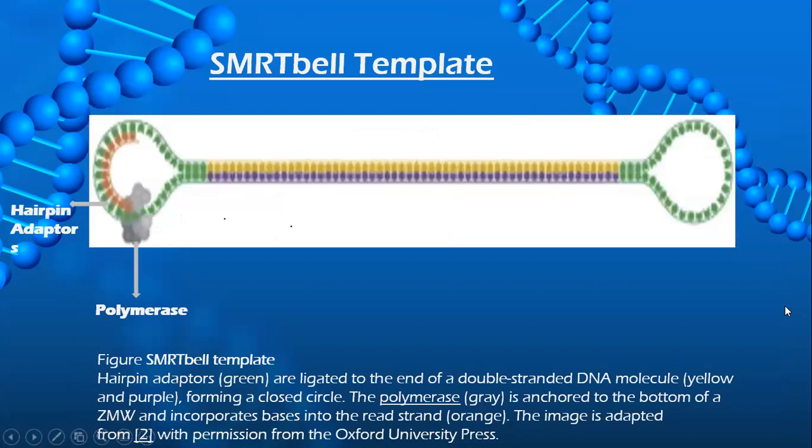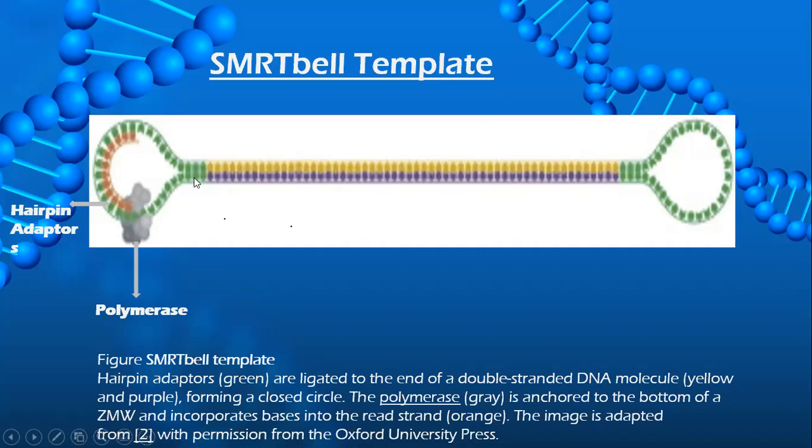And here is an SMRT template. The slide shows how the polymerase, which is the gray structure here, is anchored to the bottom of the ZMW. The green portions are the hairpin adapters. These are ligated to the ends of a double-stranded DNA molecule, that is shown here in yellow and purple.